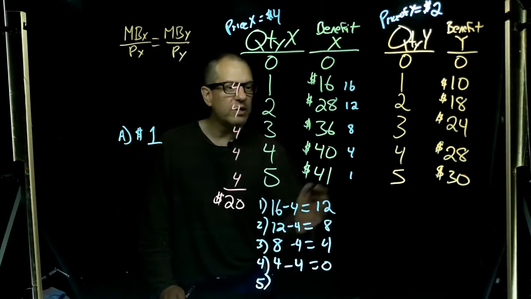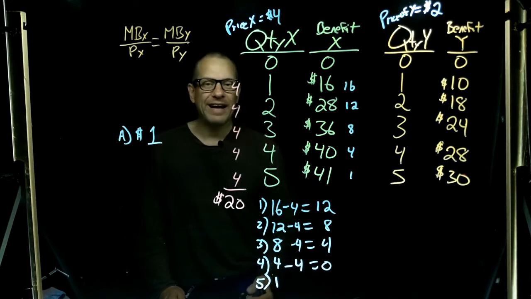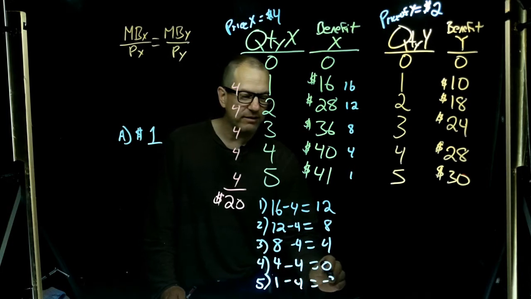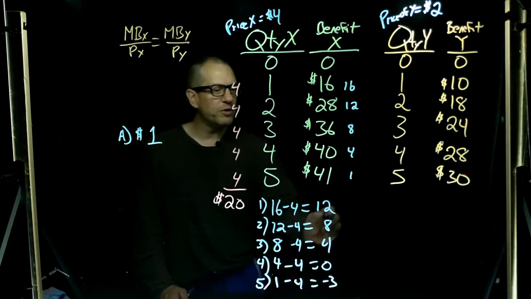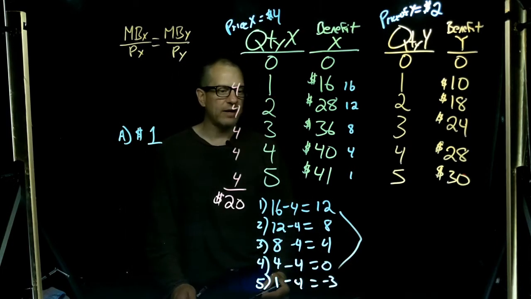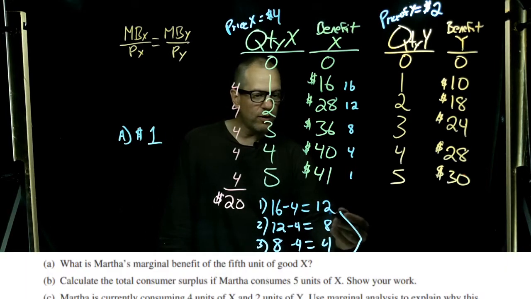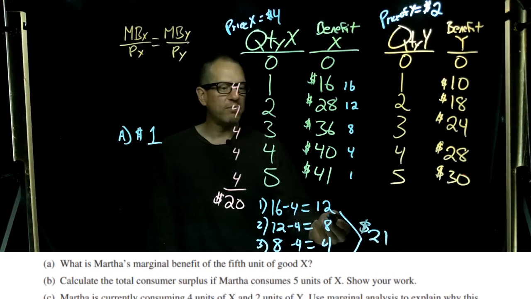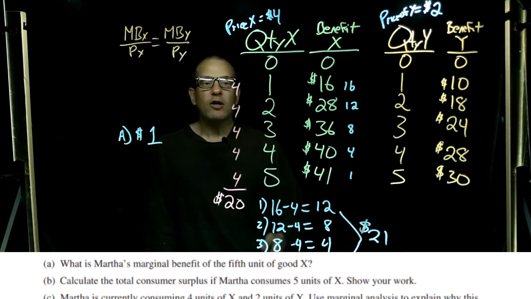She only received $1 worth of benefit out of it. It cost her $4, so she actually had a -3 amount of utility. So when you add all these up, 12 plus 8 is 20, plus 4 is 24, plus 0 is 24, minus 3 is 21. So there's $21 worth of benefit. There's a couple of different ways we can look at this.